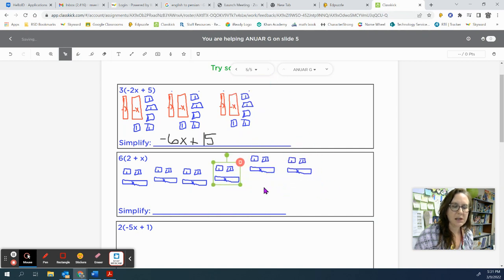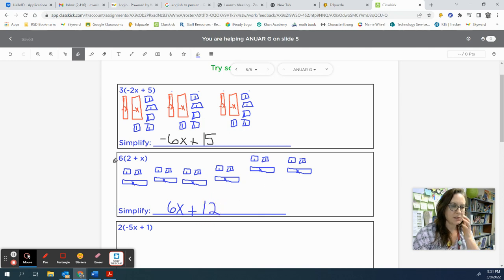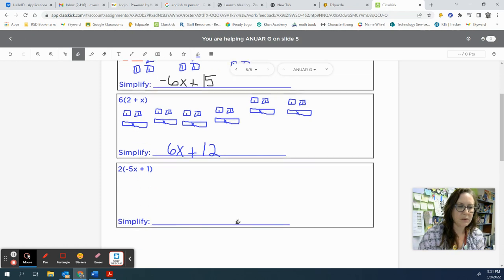So how many positive x's do I have? I have 1, 2, 3, 4, 5, 6 positive x's. So I've got 6x plus how many 1s? I've got 1, 2, 3, 4, 5, 6, 7, 8, 9, 10, 11, 12. So 6 groups of 2 plus x equals 6x plus 12. Okay, last one.